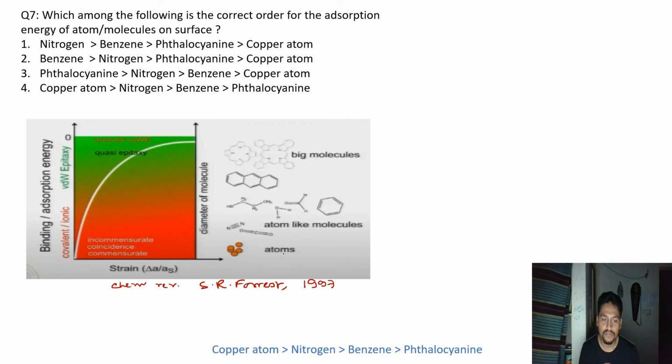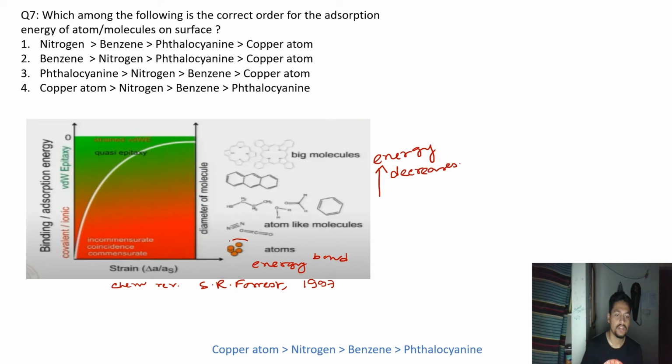Normally in case of atoms, a bond forms, right? It may be covalent or ionic. So if a bond forms, energy is going to be much higher. In case of big molecules, the strain actually increases, and there is very little chance of getting a bond. So it is mainly guided by physisorption type or van der Waals kind of interactions, so the energy is lesser. So whenever we go in that direction, energy normally decreases.